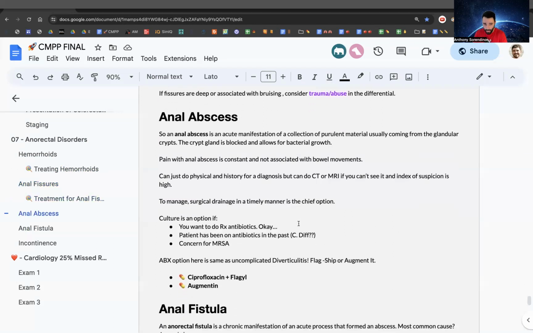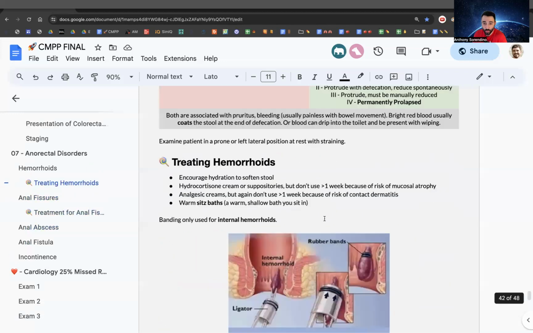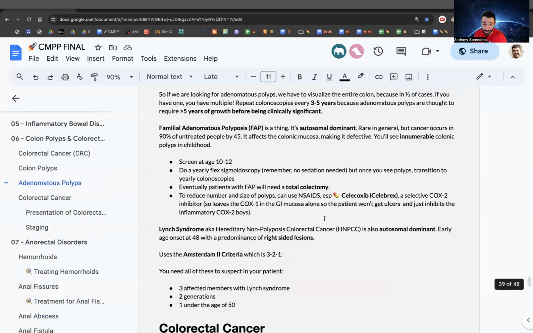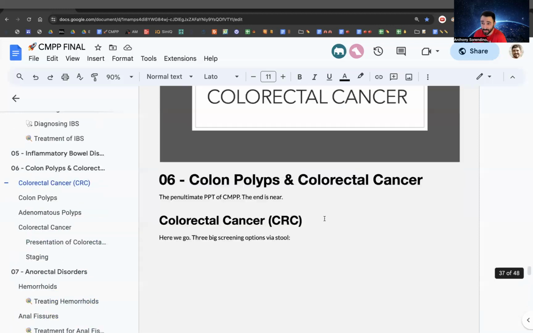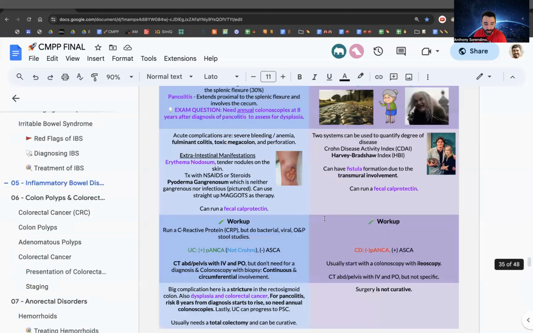Anal abscesses. These are an acute manifestation of purulent material, usually coming from glandular crypts. So the crypt gland is blocked and allows for bacterial growth. Do we remember which of the inflammatory bowel diseases has to do with crypts? I think, was it crypt hyperplasia? I don't even remember. I just know it had the word crypt in it, and it's on the left, so it's ulcerative colitis.